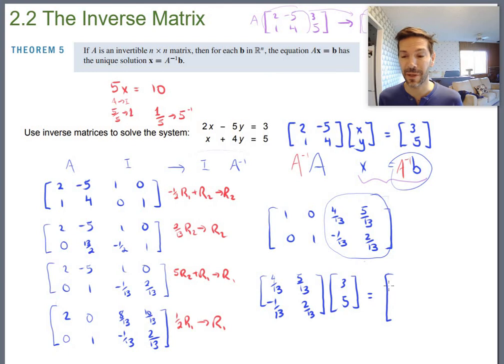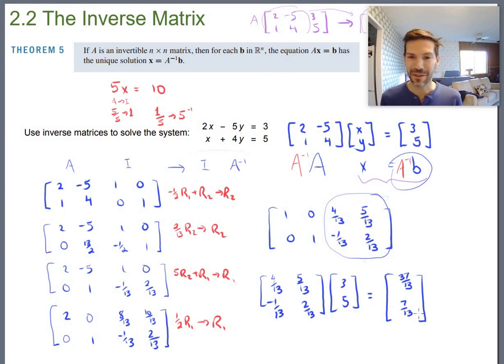Don't do this the way I'm doing it, but I'm going to try to do this all in one fell swoop here at the end. So 3 times 4/13 would be 12/13, and 25/13. So 12 and 25 is 37/13. And for the bottom, it'd be negative 3/13 plus 10/13, so 7/13. So that should be the solution.